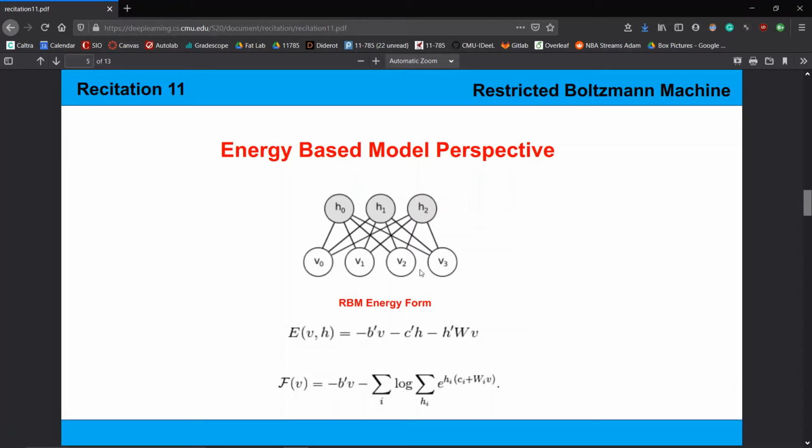In this restricted Boltzmann machine, we get a different energy function that's of matrix form.